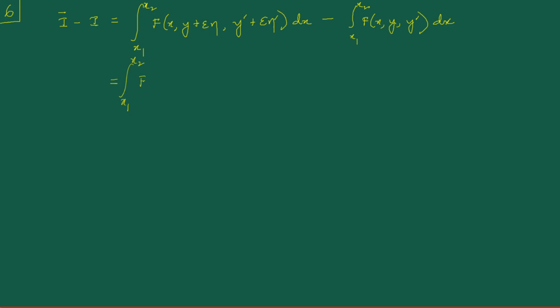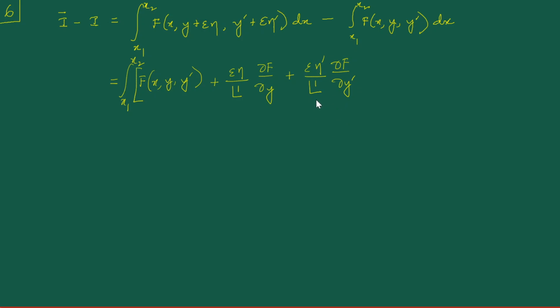So the first term here is f x y dash plus then we have the first order terms, epsilon eta by factorial 1 del f del y, plus epsilon eta dash by factorial 1 del f del y dash.